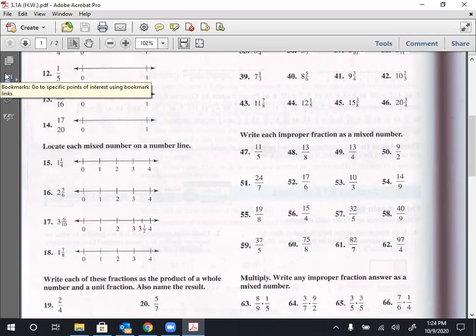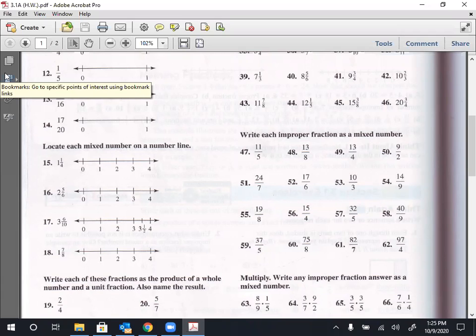Let's do one more. Let's do number 51. 24 over 7. This time you have 24 pieces of candy, but you have 7 friends. How many pieces of candy does each person get?